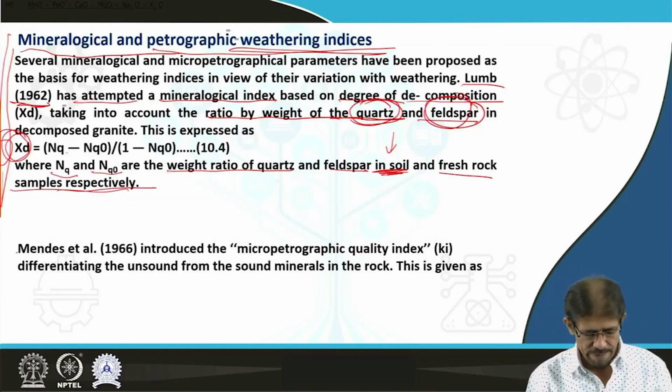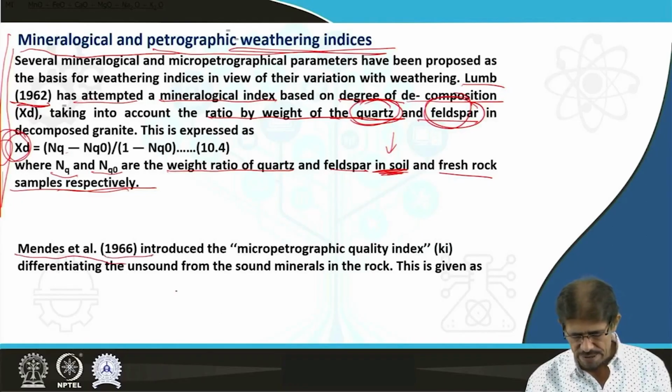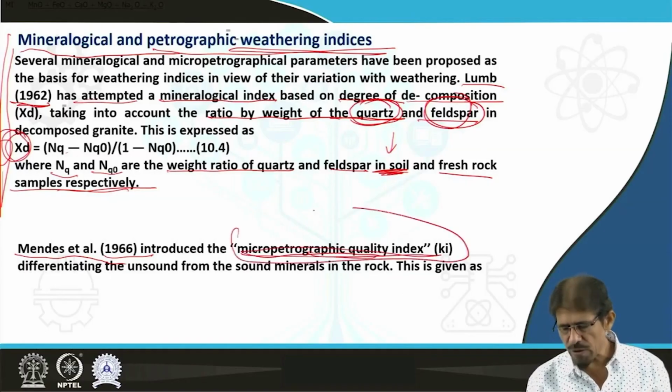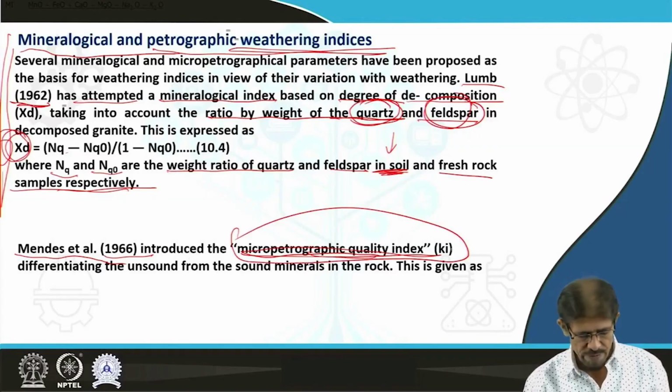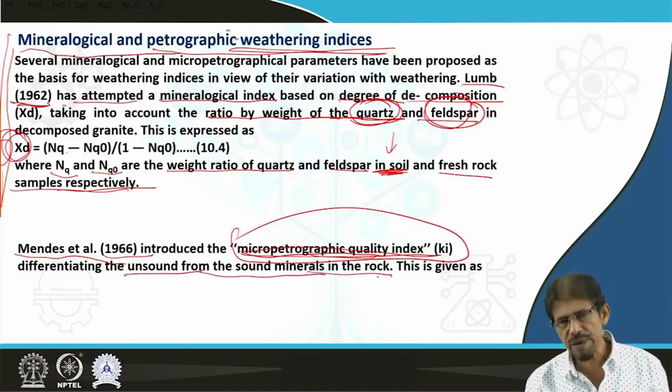Another attempt was made by Mendes in 1966 based on petrography, and proposed the petrographic quality index. This petrographic quality index differentiates the unsound from the sound minerals present in rock.